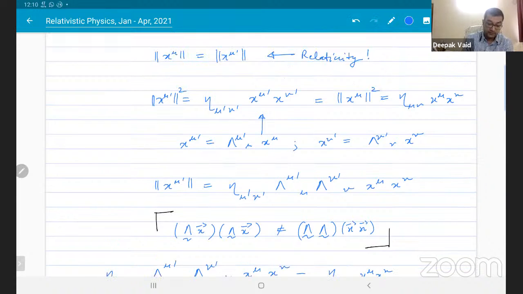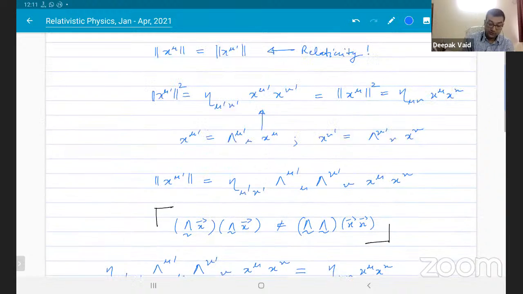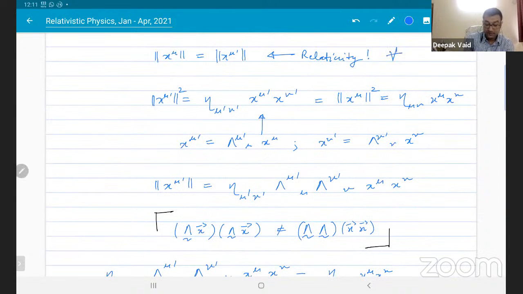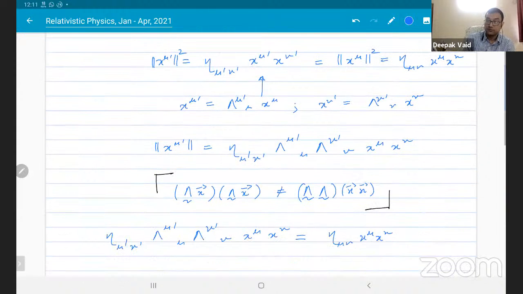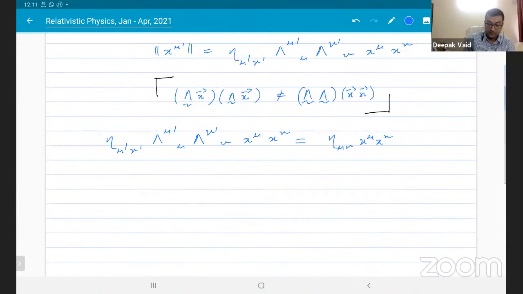I have to be very careful. Now, in these two expressions, remember that this is true for all four vectors. So for any four vector, this is true, which means these x^mu's are arbitrary.